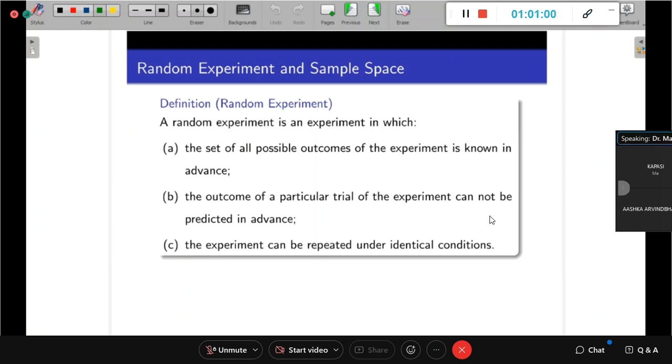There are possibly two types of experiments: one is deterministic, another is indeterministic. We are going to focus on indeterministic experiments hereafter. A deterministic experiment, you can understand, is like you have a bag, you put all white balls or all red balls inside.